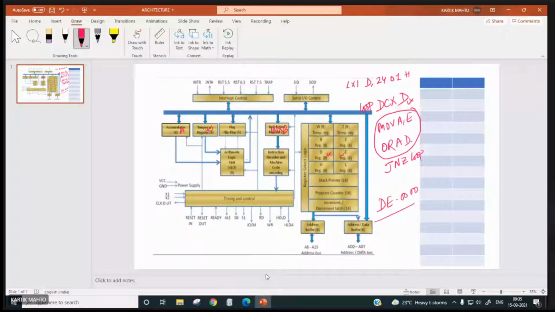D will be copied here and ORed with A, so flags are affected and the result is stored back in the accumulator. We keep doing this till both register contents become 0, because with DCX D, flags are not affected.